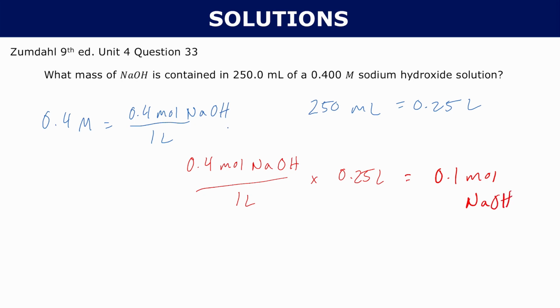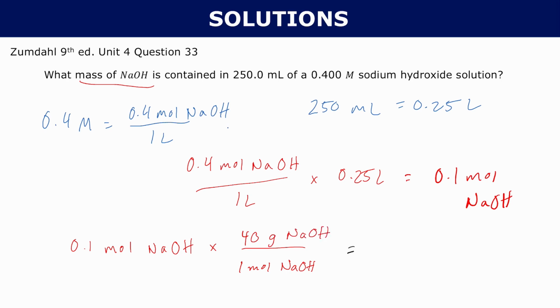The question asks us for the mass of the sodium hydroxide. So how do we turn moles into mass? Well, we multiply by the molar mass. So we have 0.1 moles NaOH, and we want to multiply by the molar mass. 1 mole of NaOH is about 40 grams of NaOH.